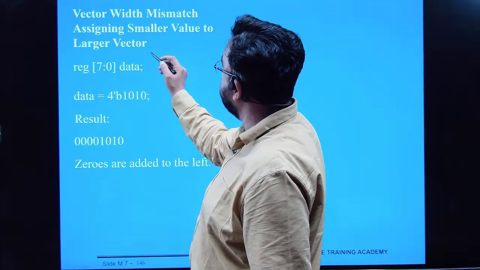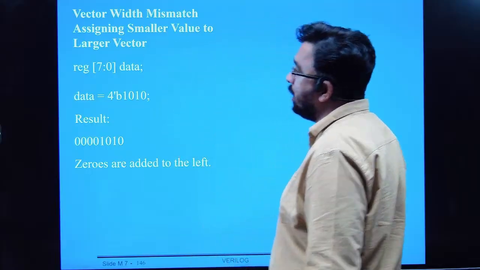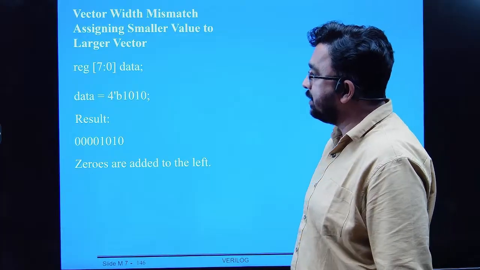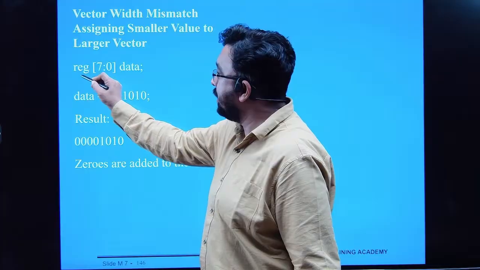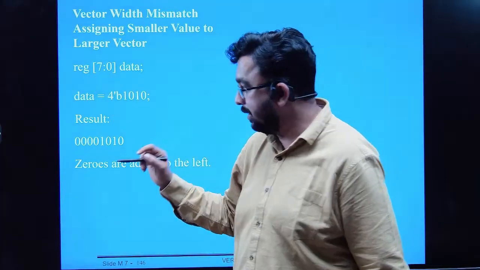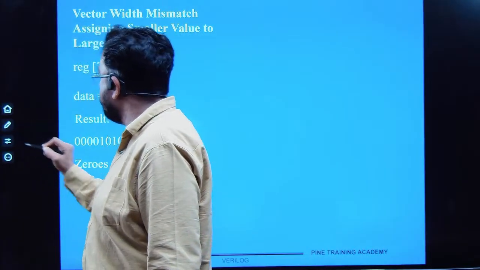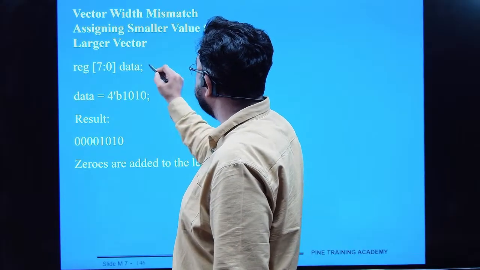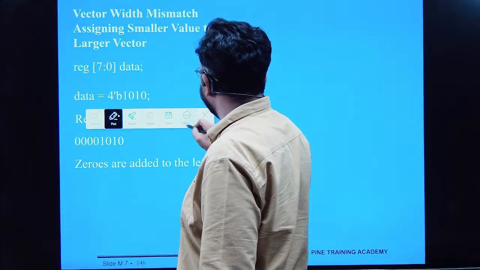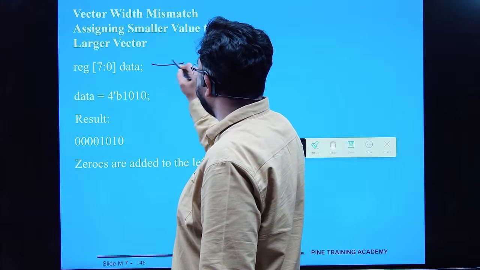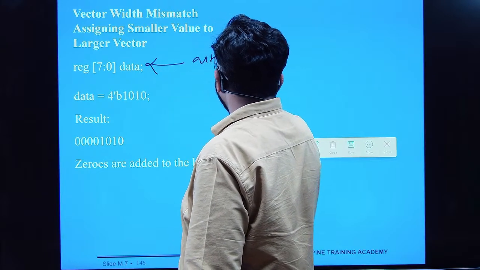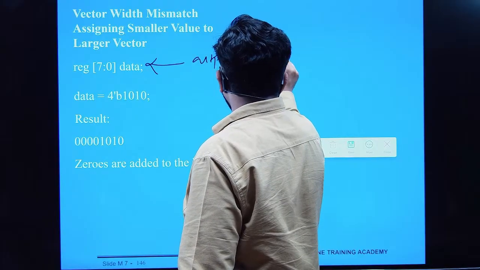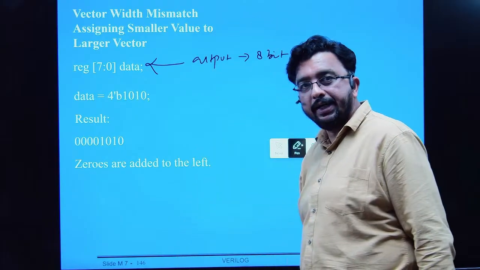सो सपोज दैट assigning a smaller value to a larger vector. For example, you have taken output as an 8 bit.